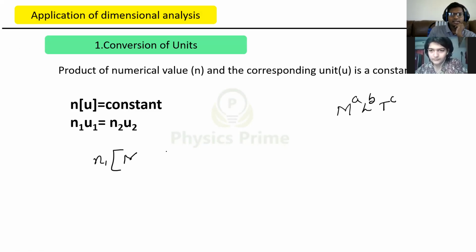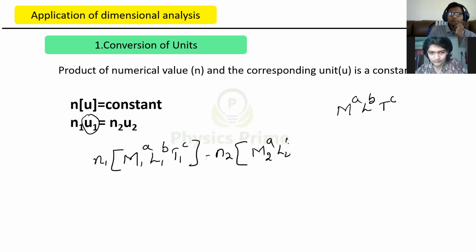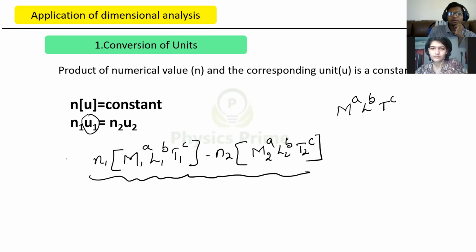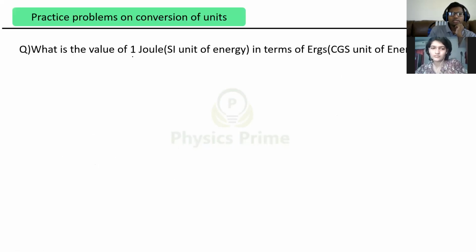So we can write n1 into unit 1 as M1 to the power a, L1 to the power b, T1 to the power c, equal to n2 into unit 2, which can be written as M2 to the power a, L2 to the power b, T2 to the power c. The unit can be derived from the dimensional formula, right? In this way, you can find a relation between n1 and n2. Got it?